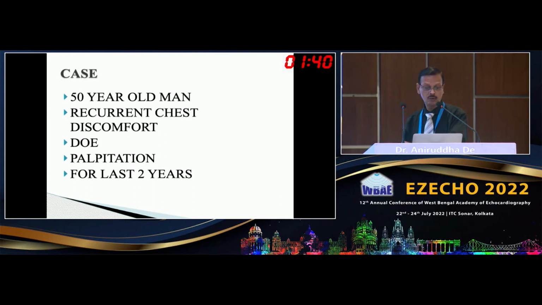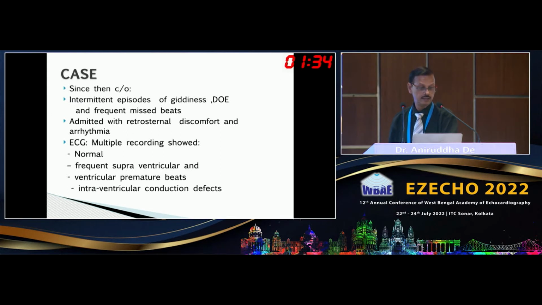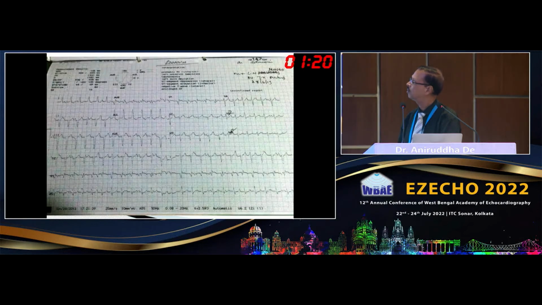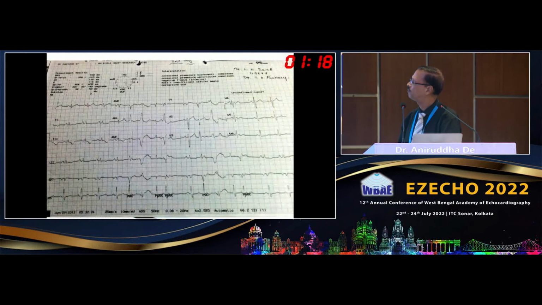This 50-year-old man had recurrent chest discomfort, dyspnea, and palpitation for the last 2 years, with intermittent episodes of giddiness. ECG multiple recordings showed frequent supraventricular and ventricular premature beats, intraventricular conduction defects, but no VT.